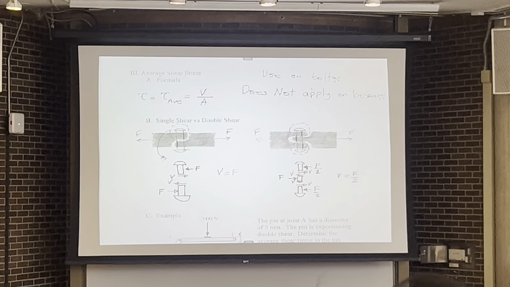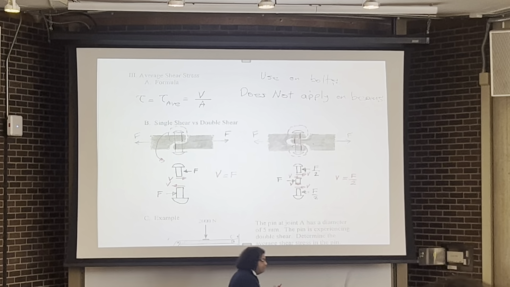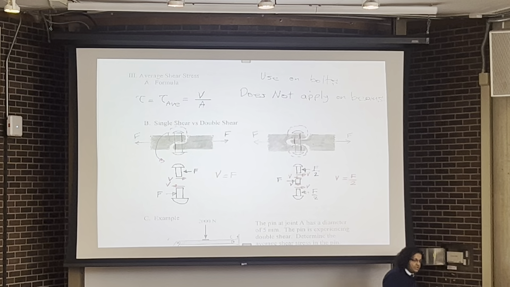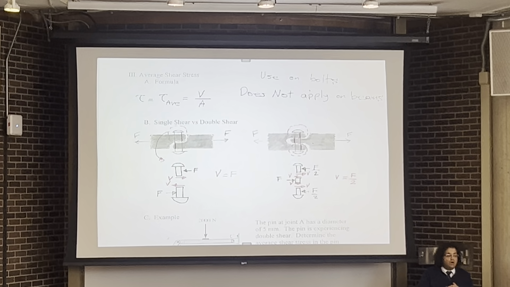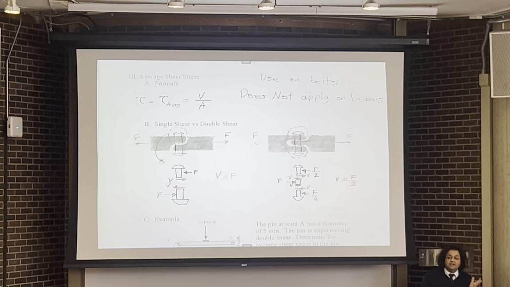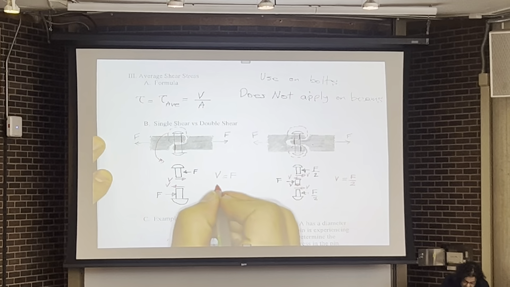So I can tell you that this is actually a common feature for bolts in structural connections and mechanical connections, that they are either under single shear or under double shear. So we call this a case of single shear.